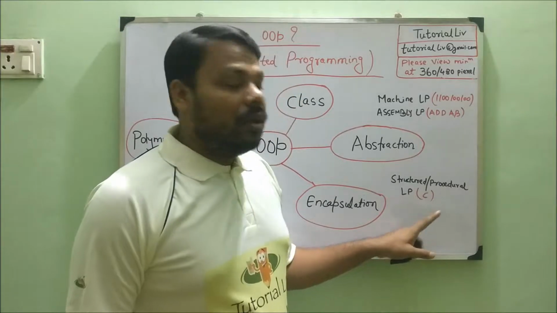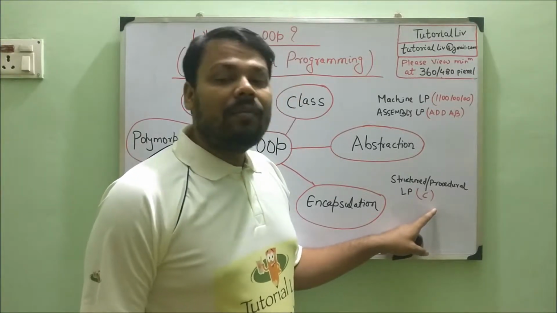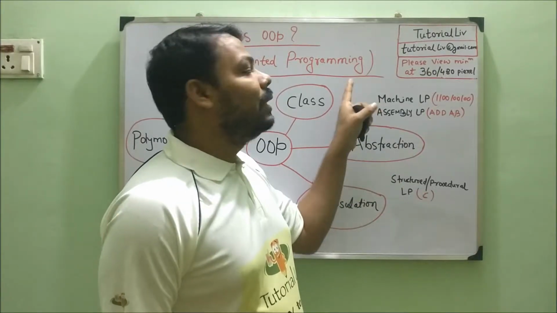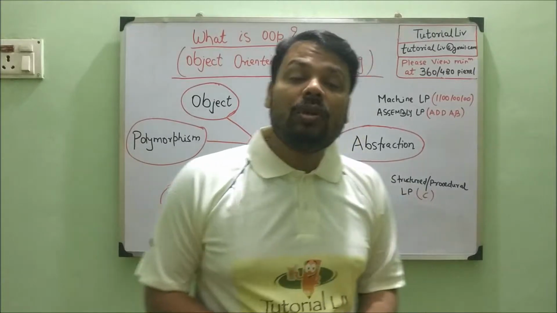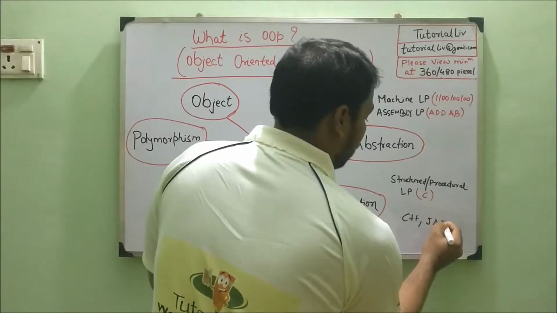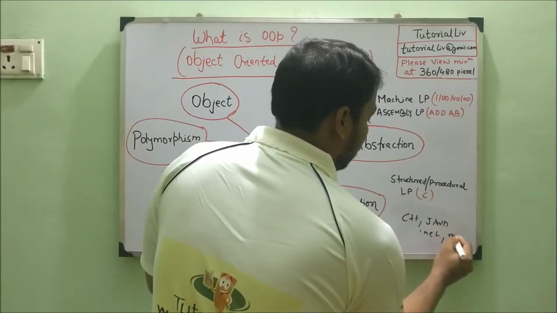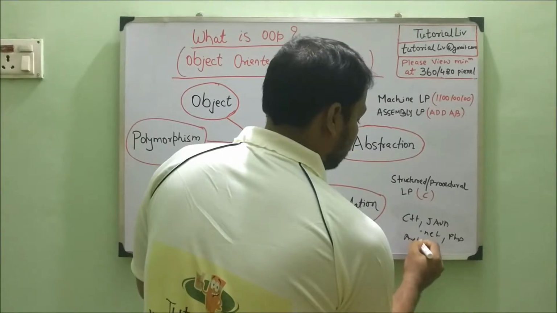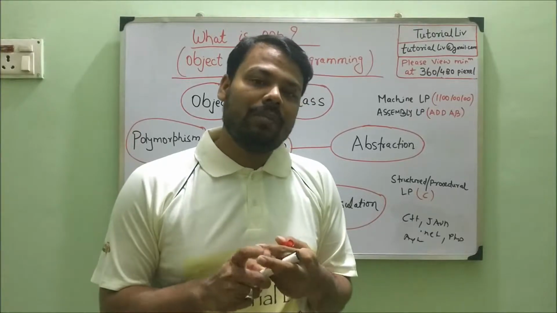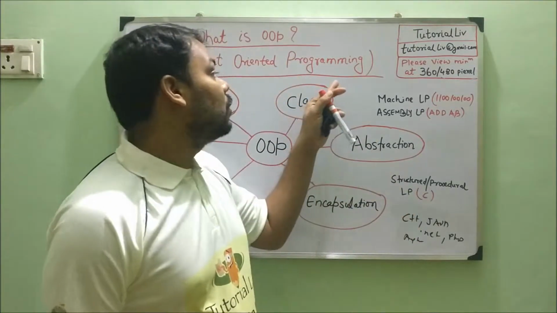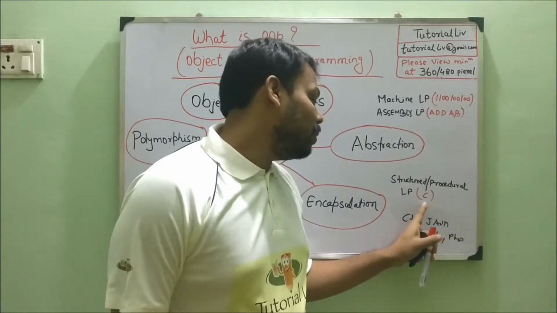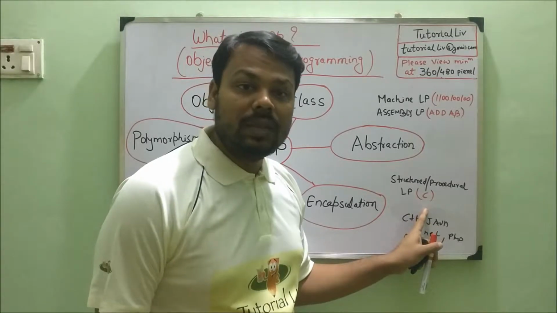So the question arises: if we have a programming language like C that is popular till now, why did the object oriented programming technique come into existence? Most programming languages like C++, Java, .NET, PHP, AngularJS, any programming language you take as an example, is based on the object oriented programming technique, not on the procedural programming language. There is only one example of a procedural programming language we have, and that's C.